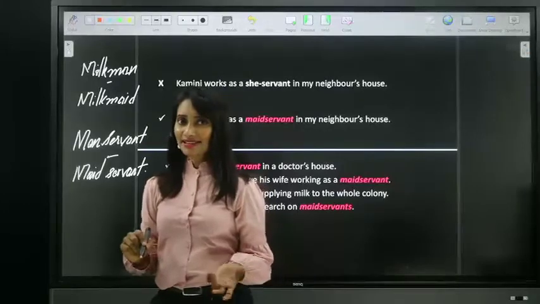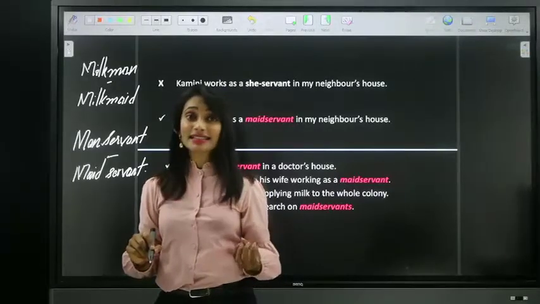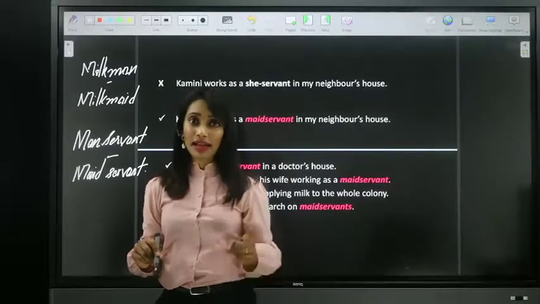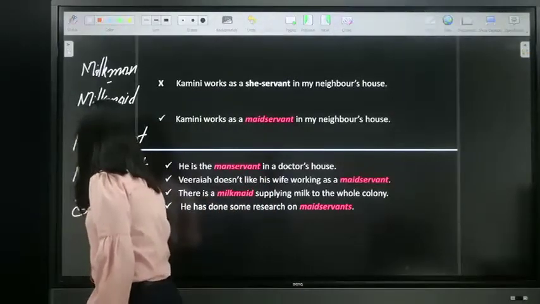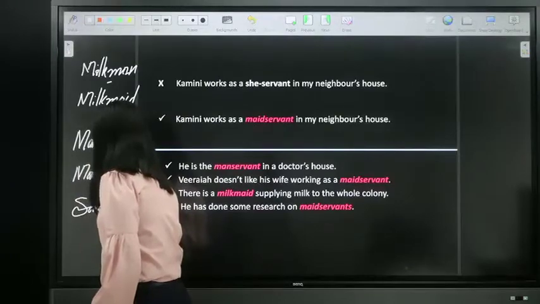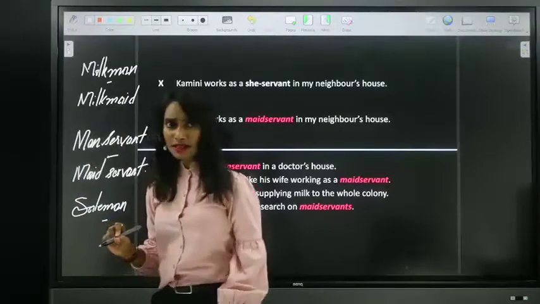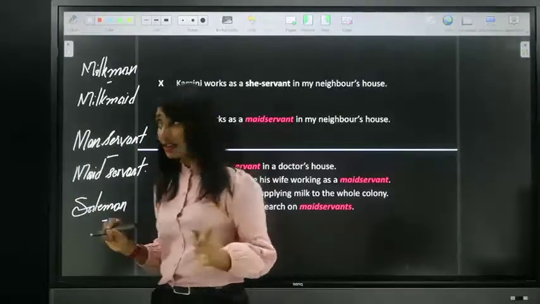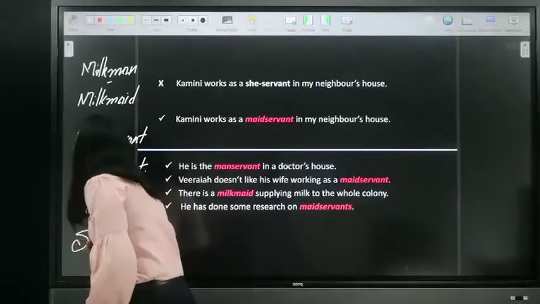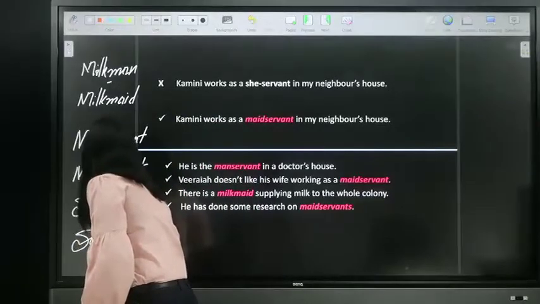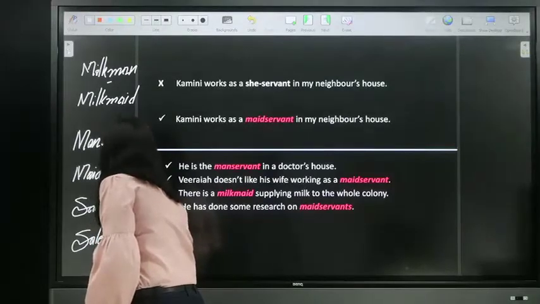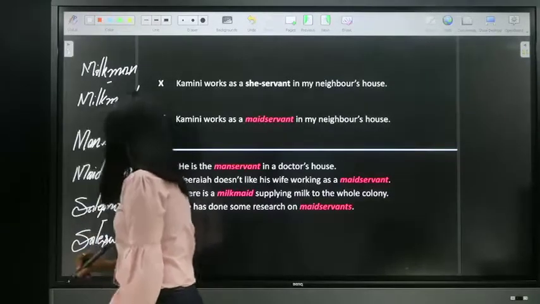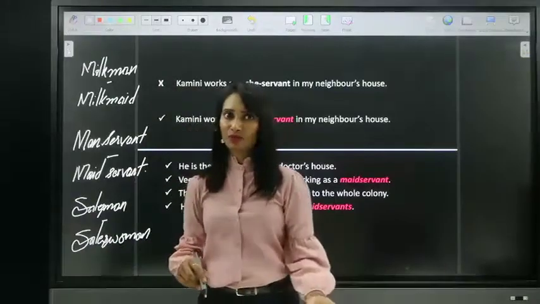Maid, in one sense, is a domestic helper. Hence, we cannot say salesman. The feminine form is not salesmaid. It should be saleswoman. So, salesman, saleswoman, sales boy, sales girl.